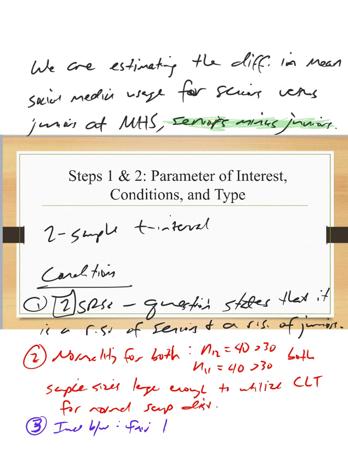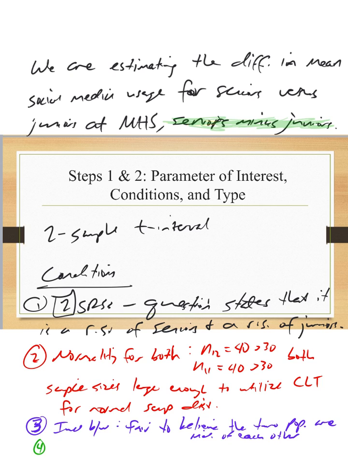So I'm just going to say fair to believe the two populations, or samples you could say, are independent of each other. And that's all you really need to say for that one. You can always just state that it's fair to believe that. And if it's not fair to believe that, that means it wouldn't have been a 2-sample. It would have been a matched pairs or something of that nature, or neither, and it was just something goofy.